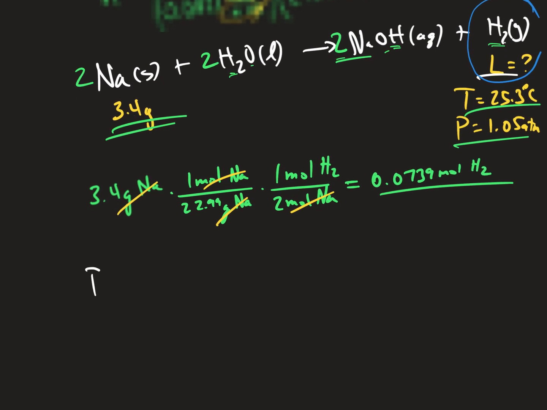Now we've got PV equals nRT. And we're looking for volume, so let's divide both sides by pressure, which is equal to the number of moles, 0.0739 moles. Are you with me, or am I going too quickly?